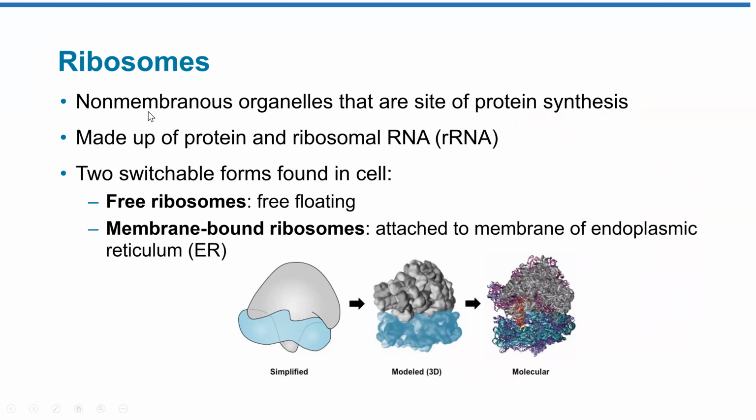Ribosomes are non-membranous organelles that are the site of protein synthesis. So the function of ribosomes is to synthesize proteins. They are made up of protein and ribosomal RNA, abbreviated as rRNA.